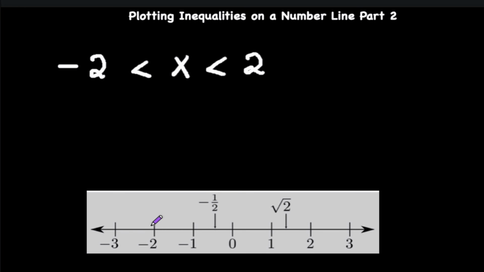Let's go ahead and find -2, plot that. It's an open circle. And it's greater than, so we know we're shading towards the right. And x is less than 2. So go ahead and find 2. It's an open circle. Since x is less than 2, we're shading towards the left. So they come together.